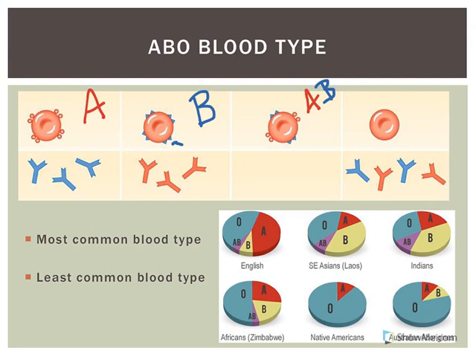But a person with type A blood will spontaneously develop antibodies against B. So these blue Ys represent anti-B antibodies. They're going to be floating around in the blood plasma of this individual. People with blood type B have anti-A antibodies in their plasma.